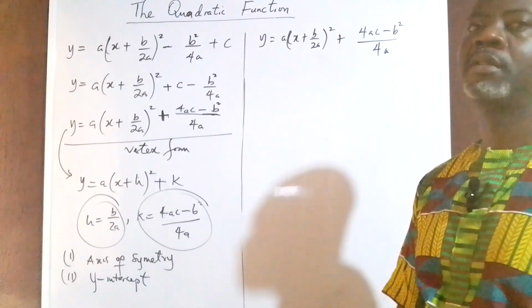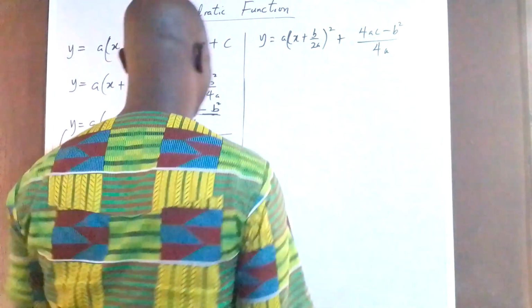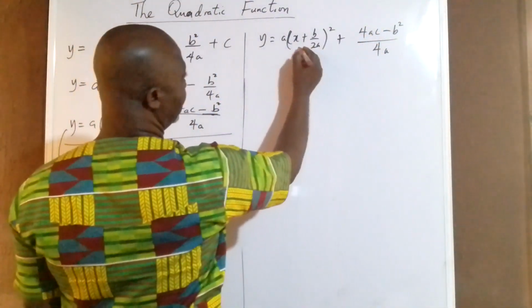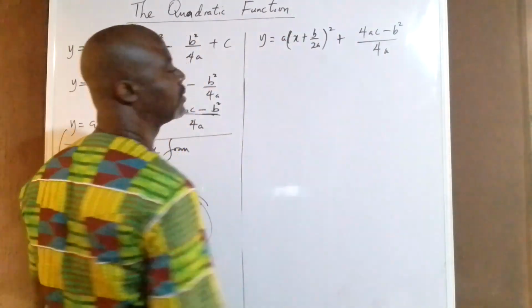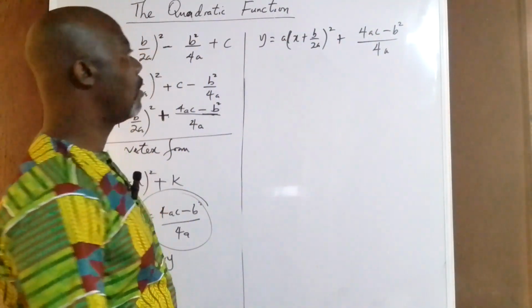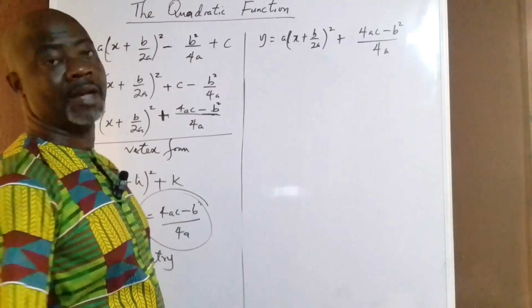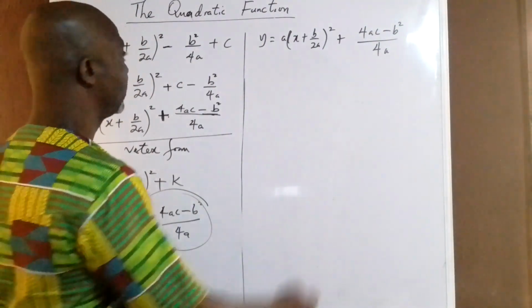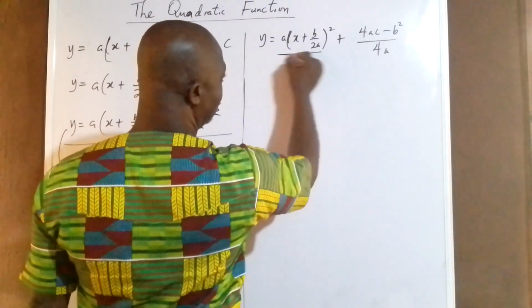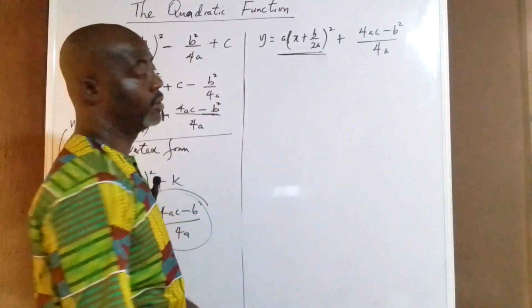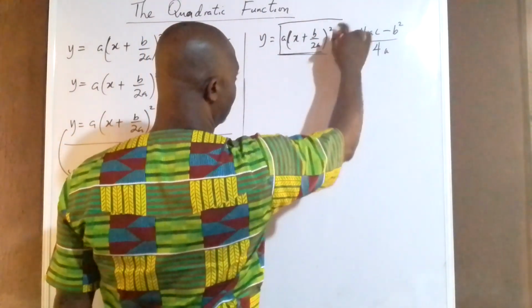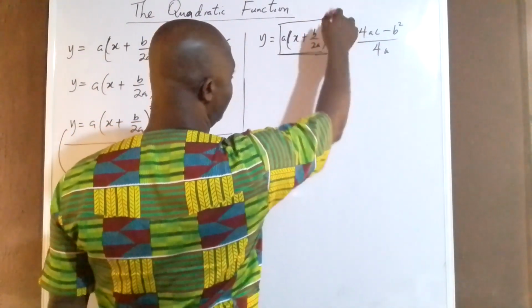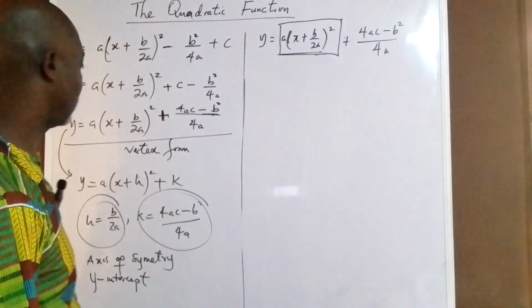Now, to find the axis of symmetry, we are going to set the term inside the bracket, okay, let's just say set the whole of this to be equal to 0. That's for the axis of symmetry.